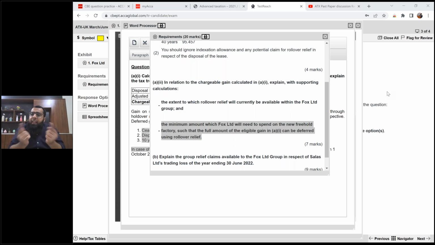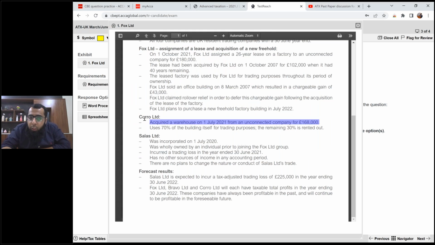Within the group, the assets are exempted. In this question, the reinvestment is not made within the group. Coro Limited has acquired a warehouse from an unconnected company. Inside the group, the transactions are exempted, so how will it qualify for rollover? One of the group companies has made a reinvestment, and by reinvestment we mean in a separate asset.